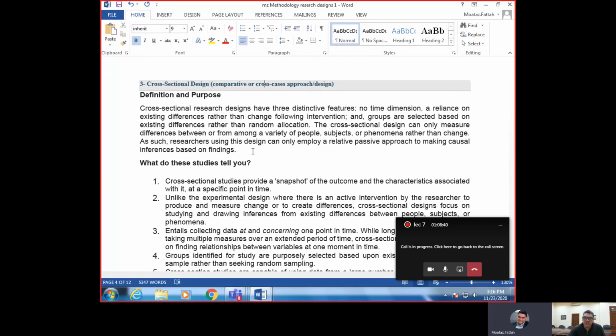No time dimension, you can compare Nasser with Saddam, right? You can compare Hitler with Mussolini. You can compare Stalin to Mao Zedong. You can compare the Iraqi invasion of Kuwait with the American invasion of Afghanistan. You don't have real constraints except that you need to tell me how this is related to your research question.